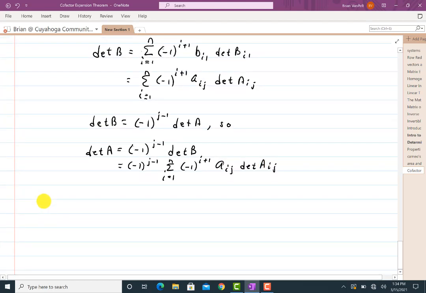Let me bring in the negative 1 to the j minus 1, and as you'll see, what it does is make the exponent perfect now.